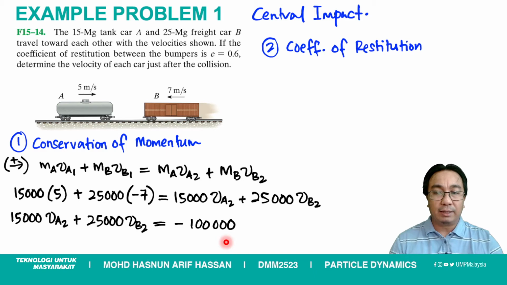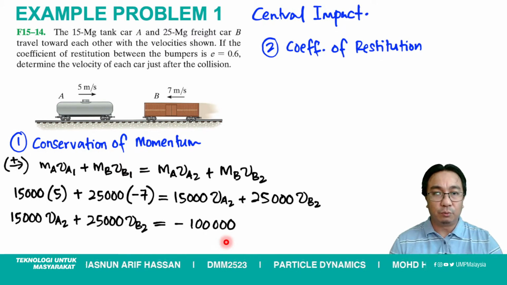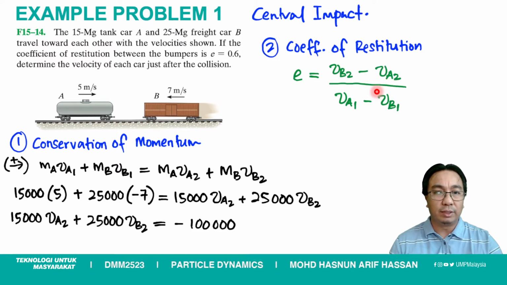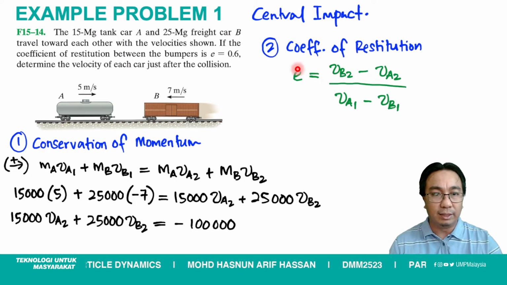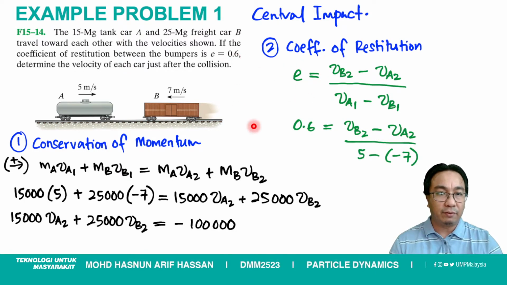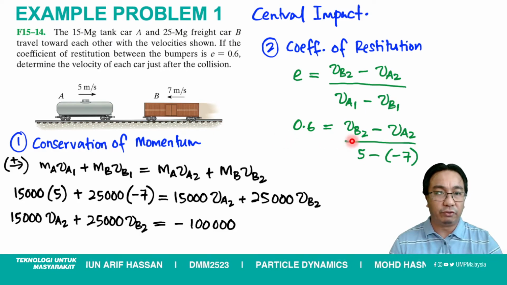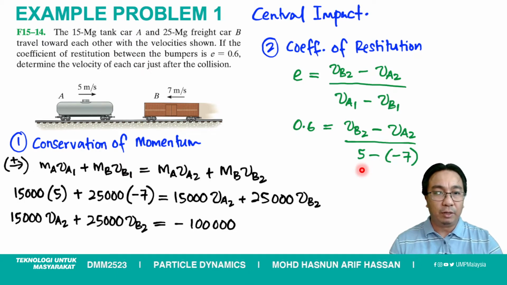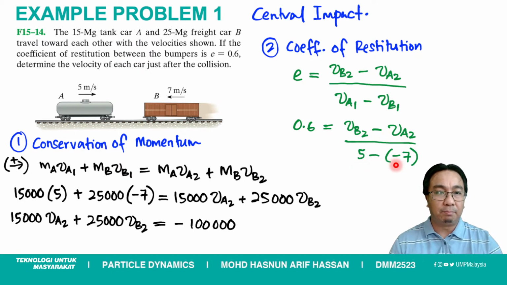Now we apply the coefficient of restitution, which states that VB2 minus VA2 divided by VA1 minus VB1 is equal to E. Then E here is given as 0.6. So we have 0.6 equals VB2 minus VA2. These are unknowns. And below we have 5 minus minus 7.